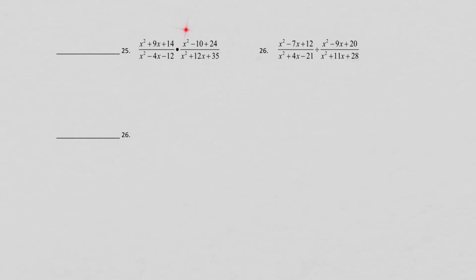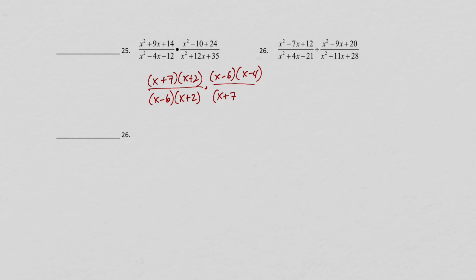Okay, I'm going to factor all 4 of these things. So factoring this gives me x plus 7, x plus 2. Factoring this gives me x minus 6, x plus 2, times, factoring this gives me x minus 6 times x minus 4, and factoring this gives me x plus 7 times x plus 5.